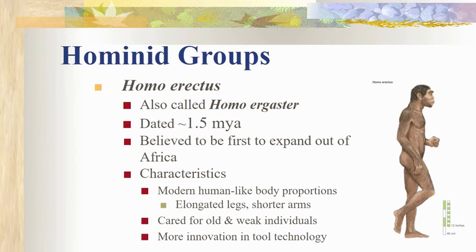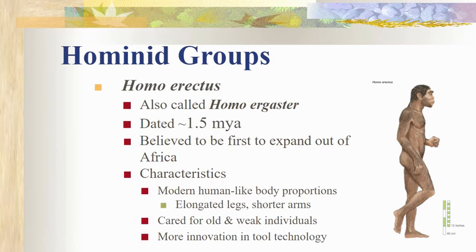The next species to arise was Homo erectus. Sometimes this is referred to as Homo ergaster. This was dated at about 1.5 million years ago. And this is the first species believed to have expanded its range out of Africa. Its main characteristic is that it had modern human-like body proportions.